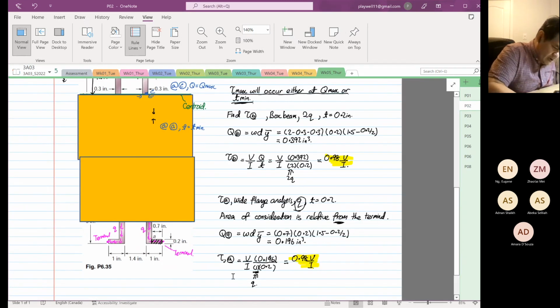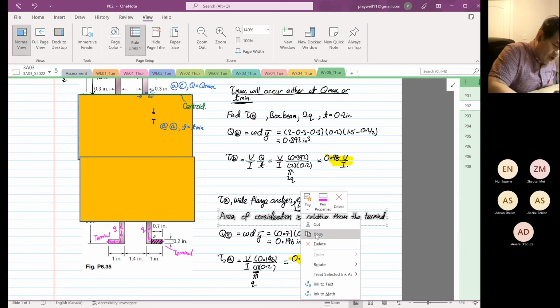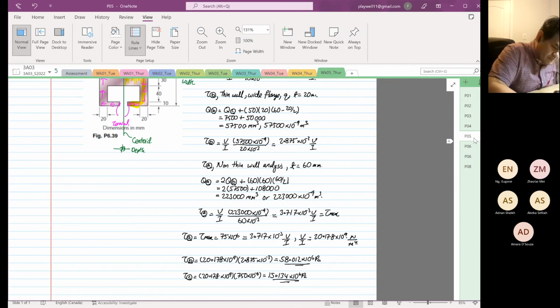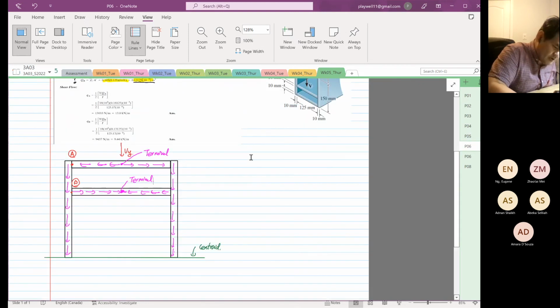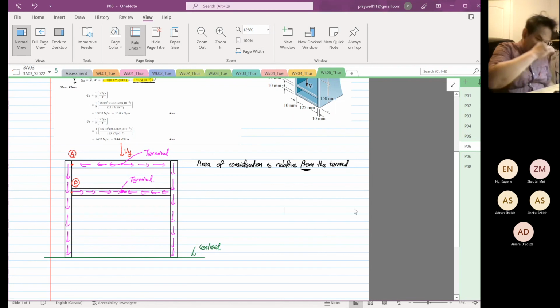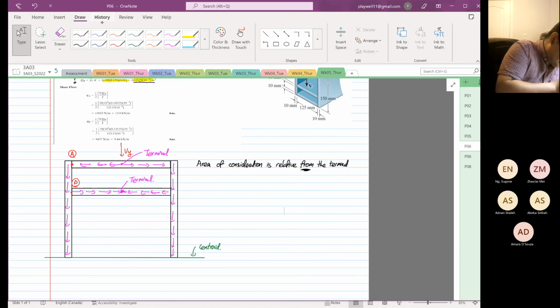The area of consideration is relative from the terminal. From the terminal. The first moment of area will always give us the most problem. So we are going to apply what we have written down here, from the terminal.